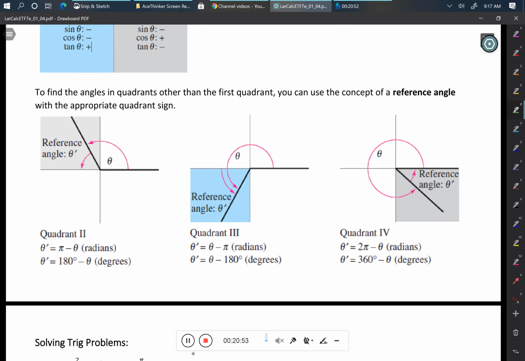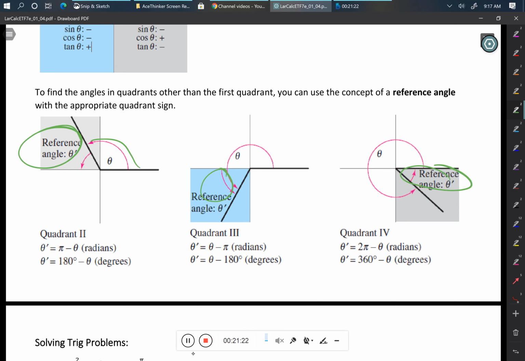Do you remember reference angles? Remember the idea of using reference angles to evaluate the trigonometric value of a function. So the reference angle is the positive angle made with the terminal side and either the positive or the negative x-axis. It's that little piece when you're in that second quadrant. It's the overlap when you're in the third quadrant. It's that little missing piece when you're in the fourth quadrant.